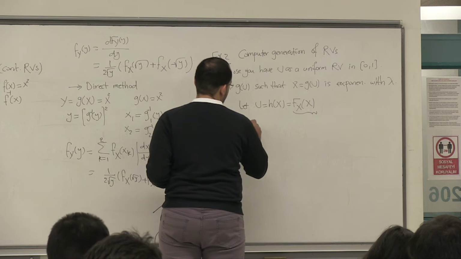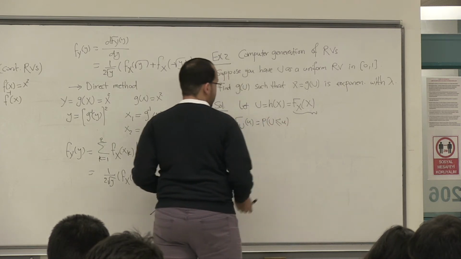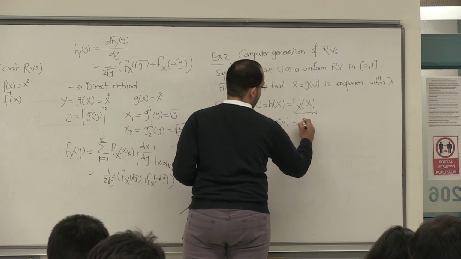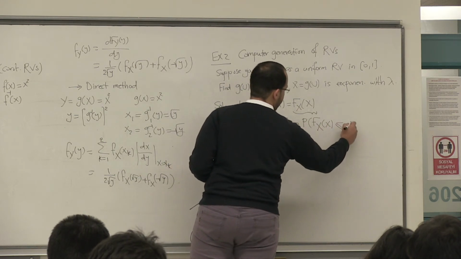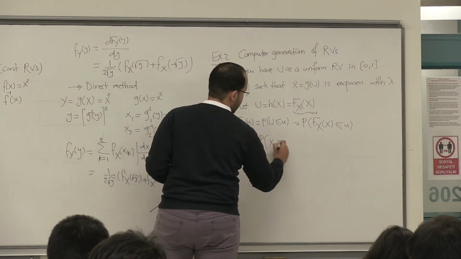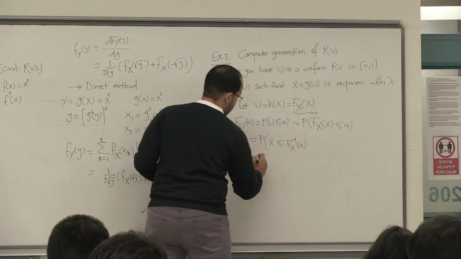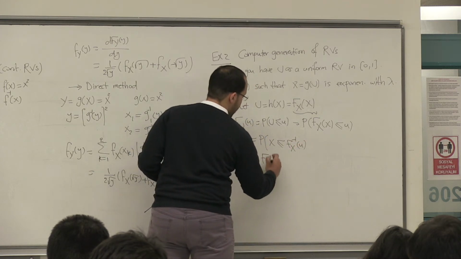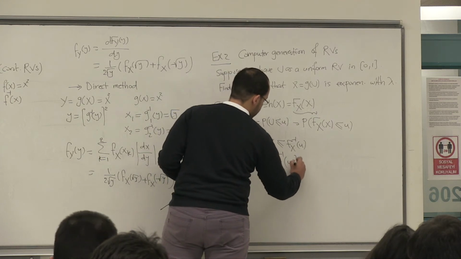F_U of u is the probability U less than or equal to u, which is the probability that F_X of X is less than or equal to u, which is the probability that X is less than or equal to F_X inverse of u, which is F_X of F_X inverse of u.